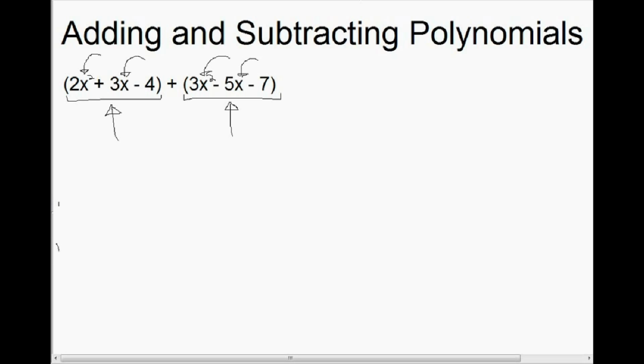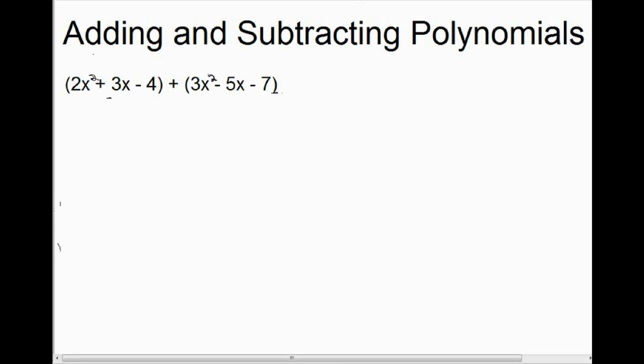But if you look at this whole math sentence, the two polynomials here do have like terms. So since in each polynomial we do have like terms, we can actually add these polynomials together by adding the like terms that are there in each separate polynomial.